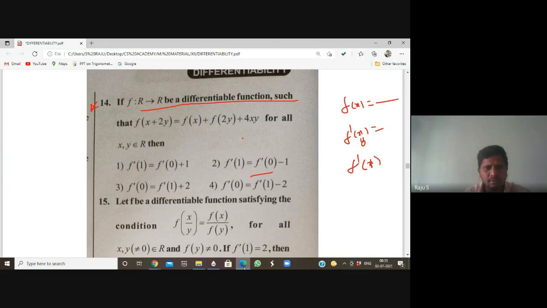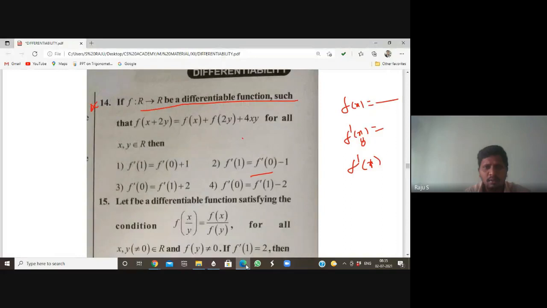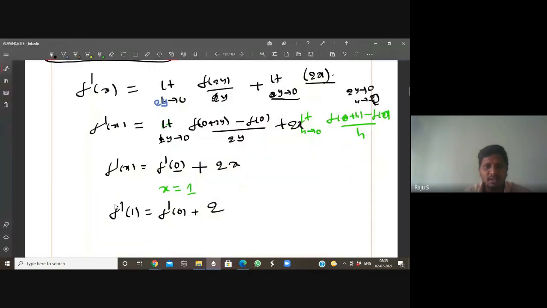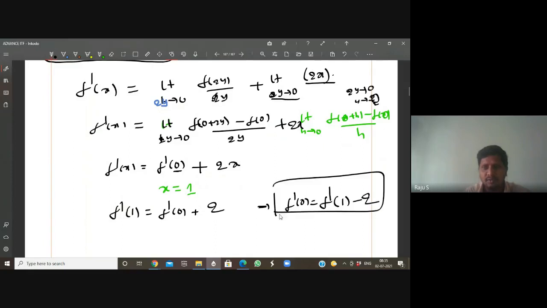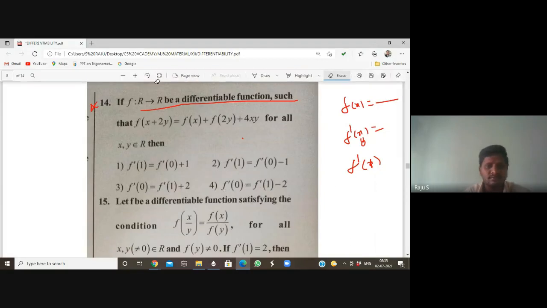The fourth option. See here, you can take this plus 2 to the left side. Shall I write f dash of 0 is equal to f dash of 1 minus 2? Yes, the fourth option is correct.